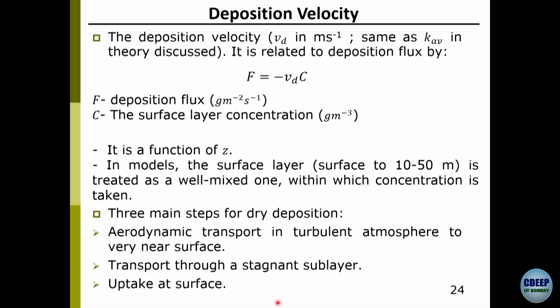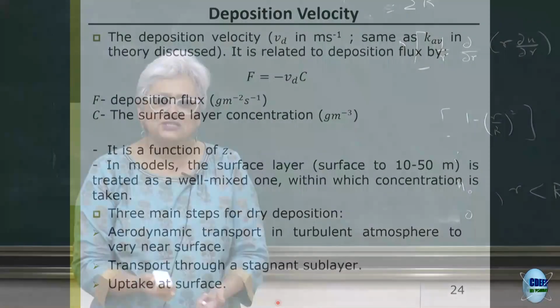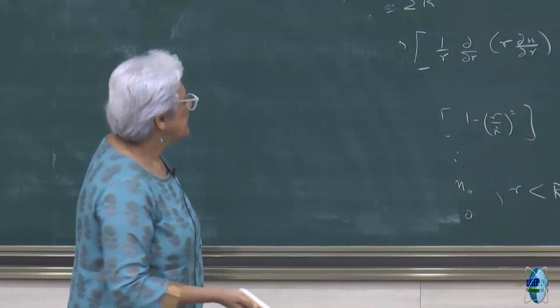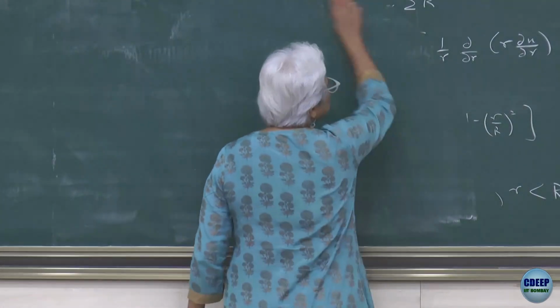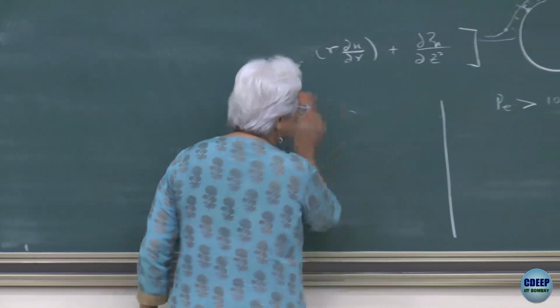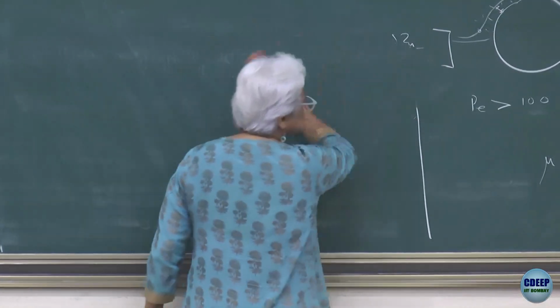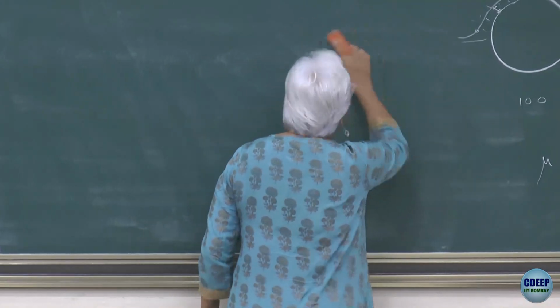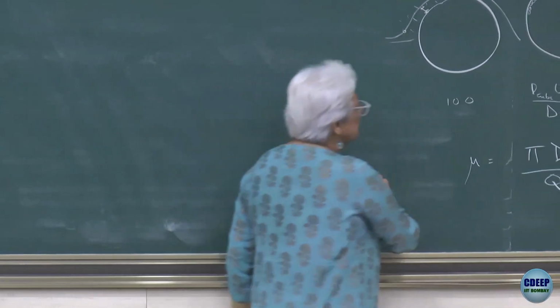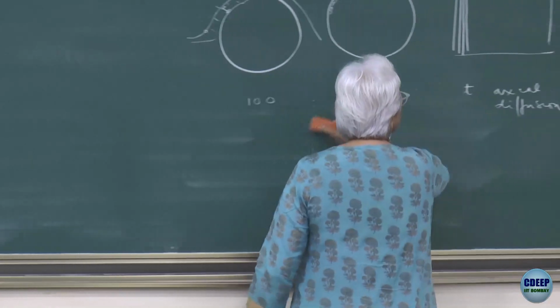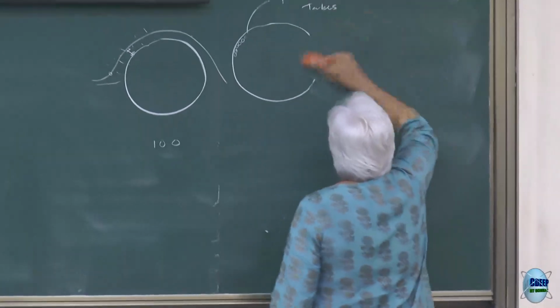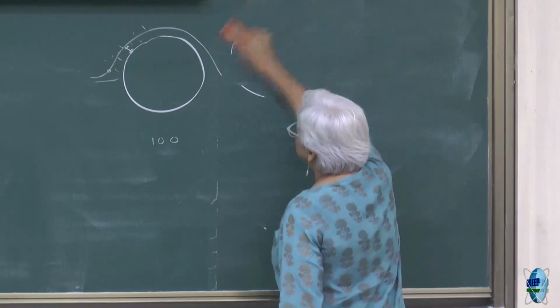Typically what I can measure is a flux in terms of depositing species, in terms of some integrated variable that can be measured over a period of time, right? And so then the deposition velocity times a surface layer concentration is what is called the deposition flux.